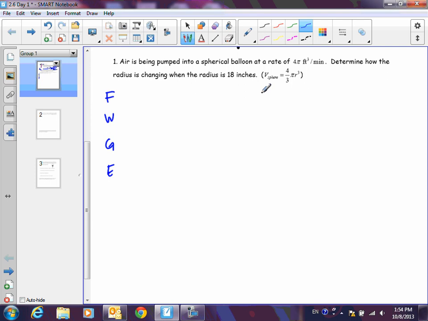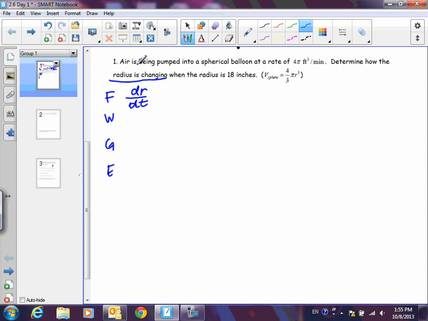What are they wanting you to find? Change of radius. Yeah, the rate of change of radius. Now remember what I said about rate of change? That's derivative. So what they're wanting you to find is dr over dt, how the radius is changing, and always this is with respect to time. So let me repeat that.